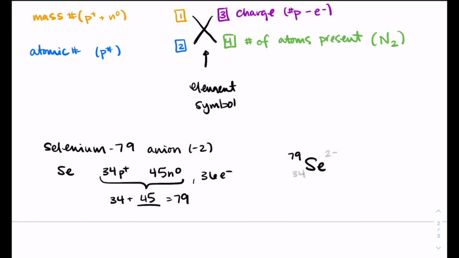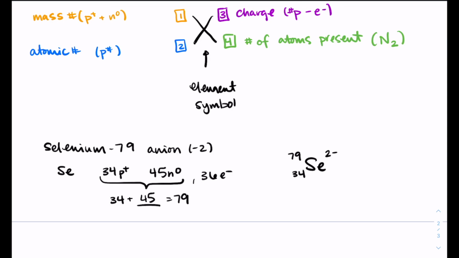So if I have a mass number of 79 and an atomic number of 34, whatever the difference is has to be made up of neutrons, right? That mass number is protons plus neutrons. So 34 protons plus some number of neutrons gives me a mass number of 79. Well, that only works if there are 45 neutrons. So if I needed the number of neutrons, I now know that it's 45. The number of electrons, if selenium has 34 protons, then a neutral selenium atom has 34 electrons.